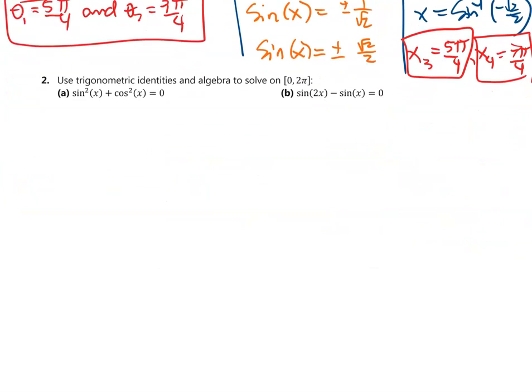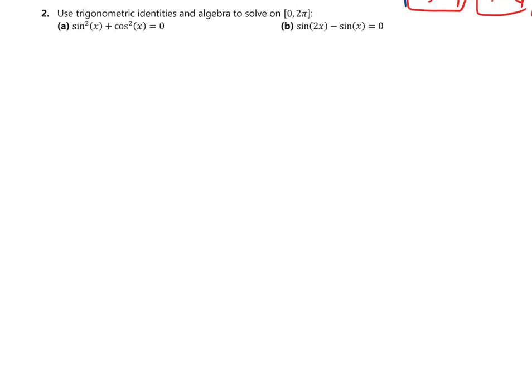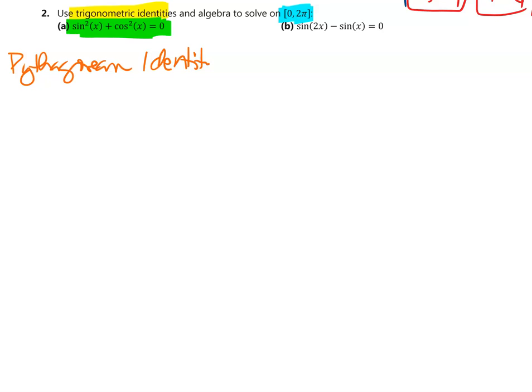Alright, next, number 2. Use trigonometric identities and algebra to solve on the interval from 0 to 2 pi, letter A, sine squared x plus cosine squared x is equal to 0. This is one of the easiest. If you remember, by using the Pythagorean identity, sine squared x plus cosine squared x is equal to 1.